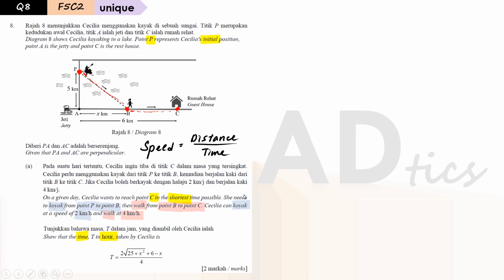Alright, so let's start off with kayaking and let's find the distance to kayak. The distance to kayak would be from P to B. As you can see, PB is actually part of this triangle, but what kind of triangle is this? We can look at this sentence. PA and AC are perpendicular, which means that line PA and line AC are 90 degrees between each other, which makes this triangle a right angle triangle.